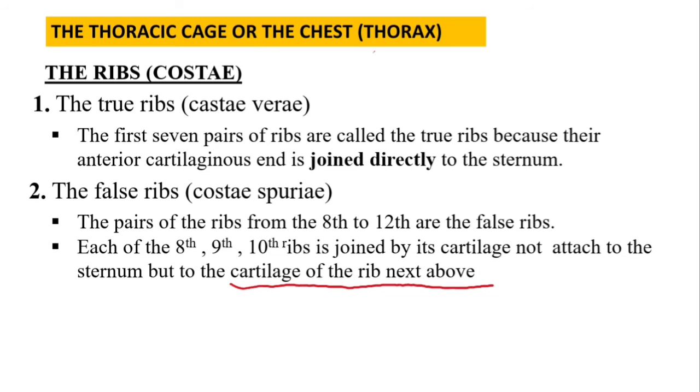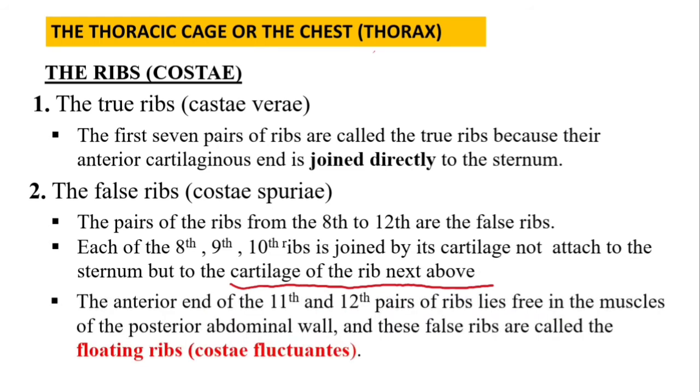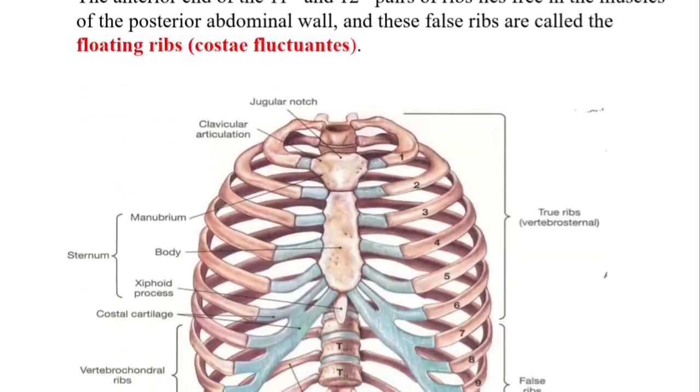What about 11 and 12? They are very interesting. They are atypical ribs. The anterior ends of the 11th and 12th pairs of ribs lie free in the muscles of the posterior abdominal wall, and these false ribs are called floating ribs. They are floating, costae fluctuantes.